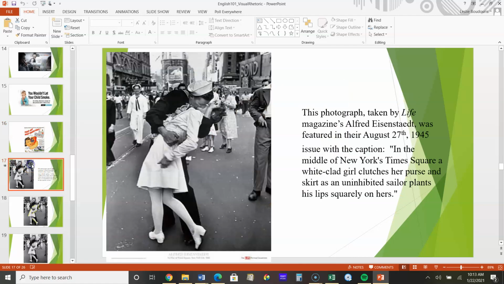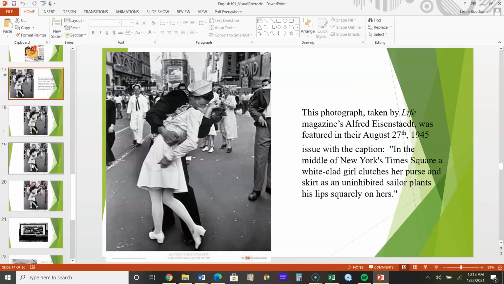I have a few images that discuss older images. If you wanted to analyze a historic image, this is one you may have seen in an art class or something. Originally, when I started teaching this image, a lot of my students had no idea of the history behind it.